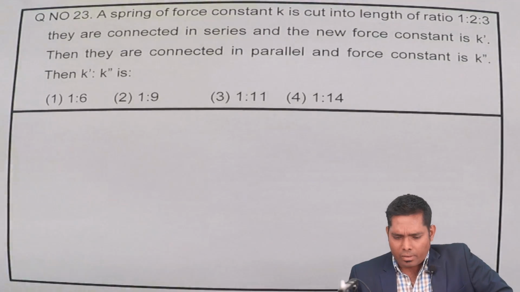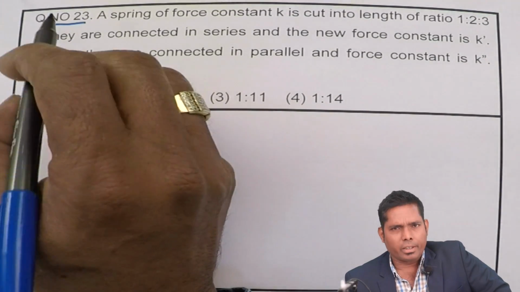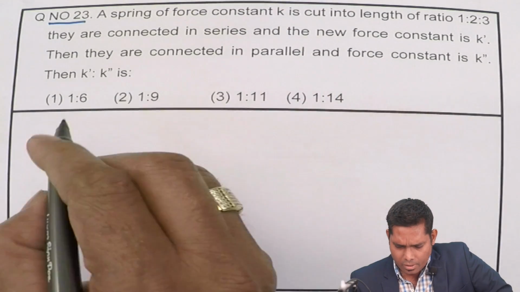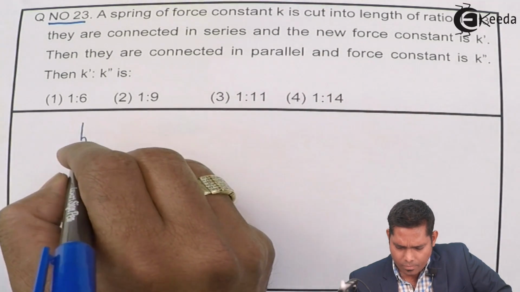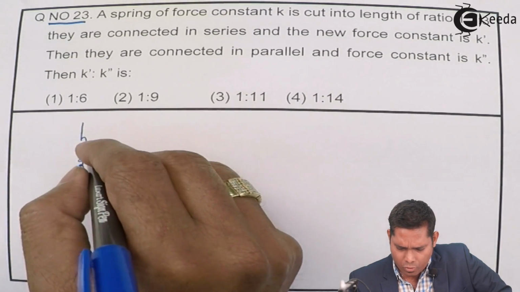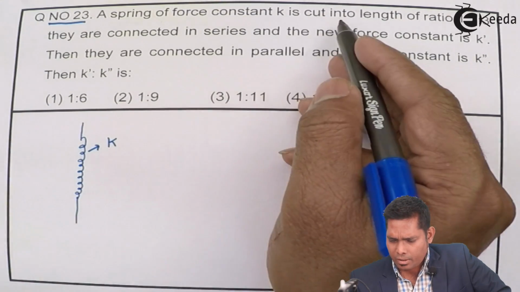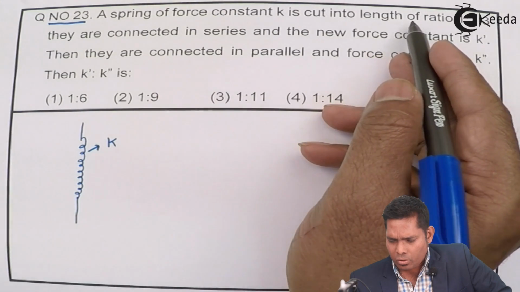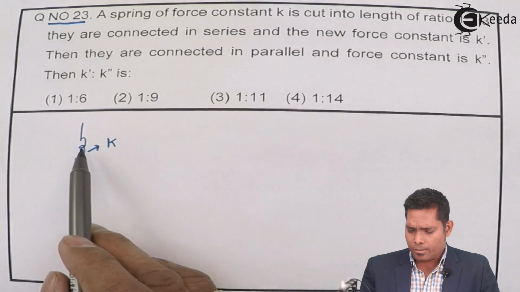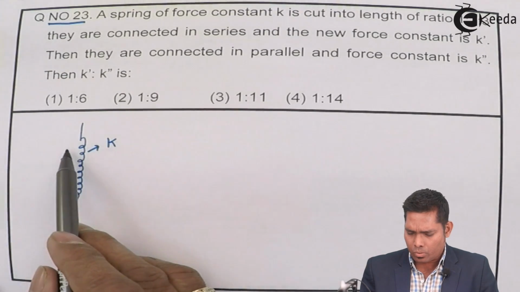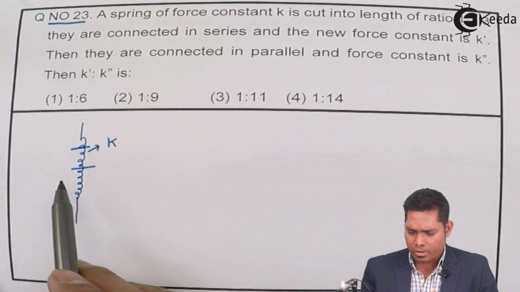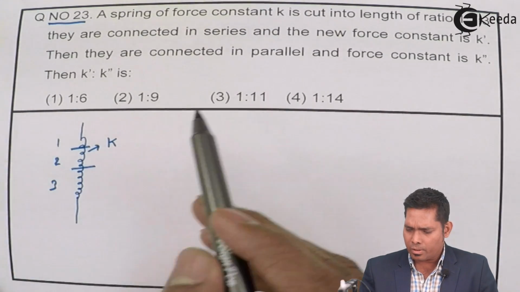The spring of force constant K is cut into lengths in the ratio 1:2:3.